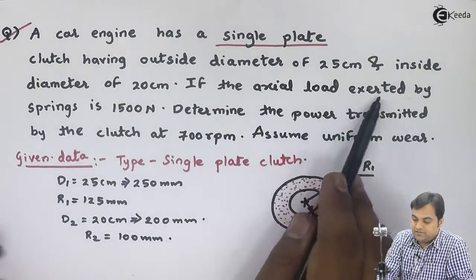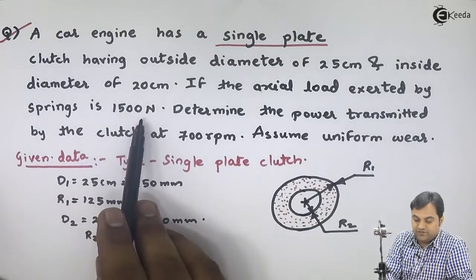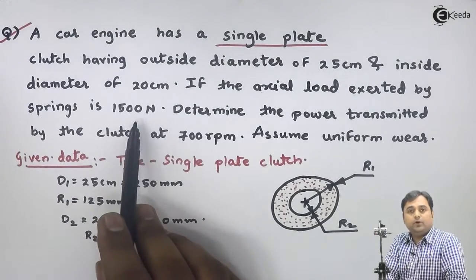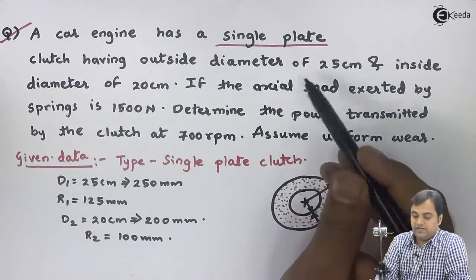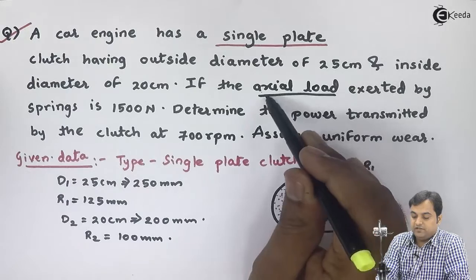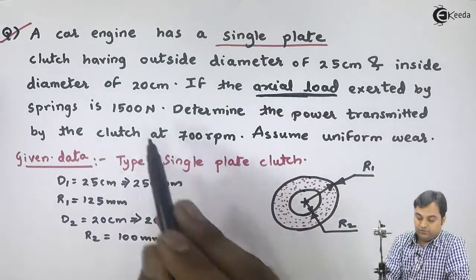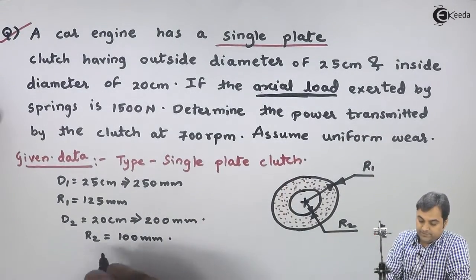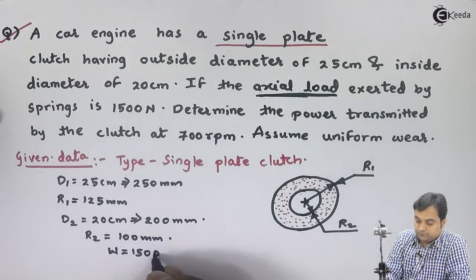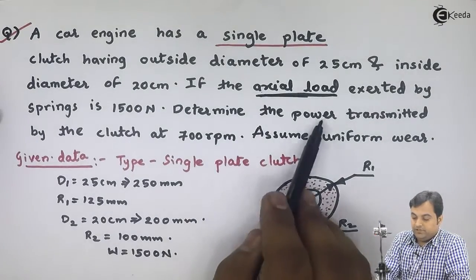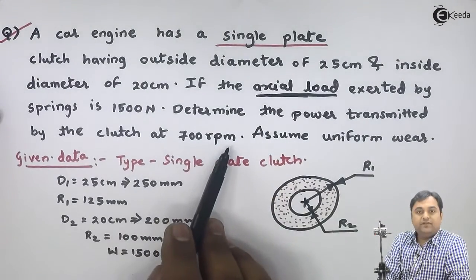Next, if the axial load exerted by the springs is 1500 Newton, this is the first problem in which they have given the value of axial load, otherwise we were calculating this value. So axial load is equal to 1500. Determine the power transmitted by the clutch at 700 rpm.